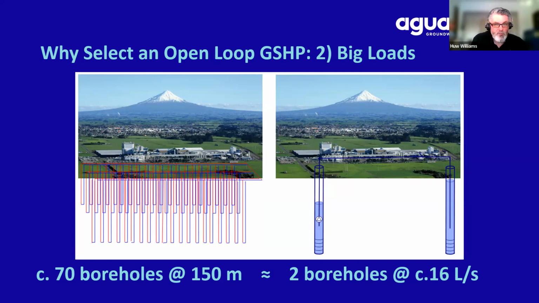It's simply cheaper to drill the abstraction well and injection well once each than it is to drill 250 meters 70 times. The other contributing factor to an open loop borehole being favorable at this site, of course, is a large factory like this has the maintenance crew and the capabilities to own and operate the open loop system.